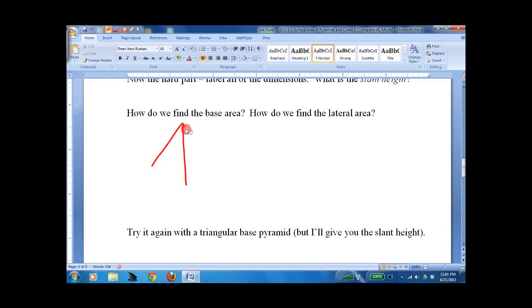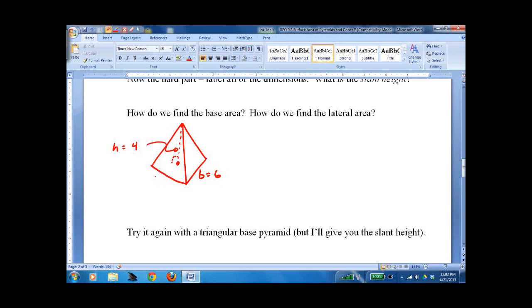I'm not going to draw the back just because it's cluttering it up, but I am going to draw the height down the middle. It goes right to the middle and it's at a right angle. I'm going to say the height is 4. I'm going to say the base edge is 6.